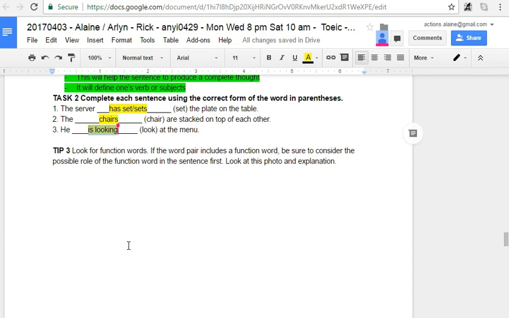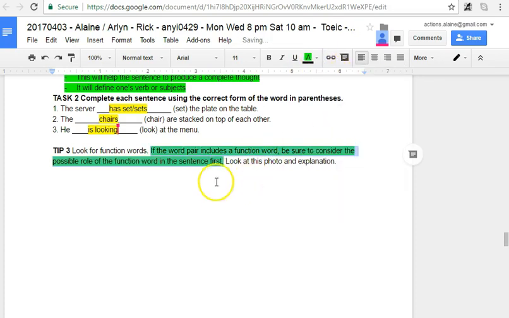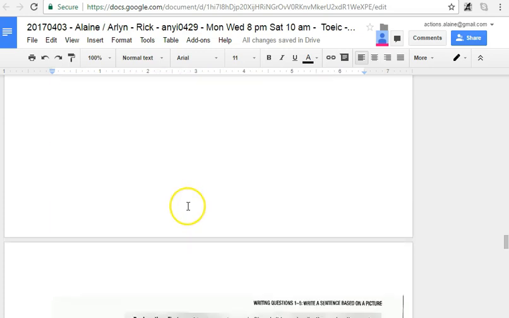Look at this photo explanation. Okay, so again, if the word pair includes a function word, be sure to consider the possible role of the function word in the sentence first. Okay, you have to remember that. To look for the role of these function words.